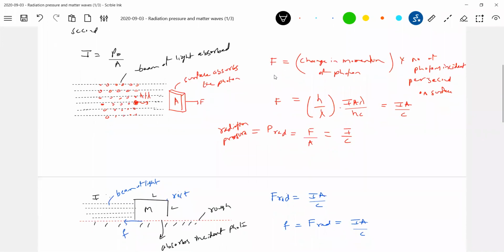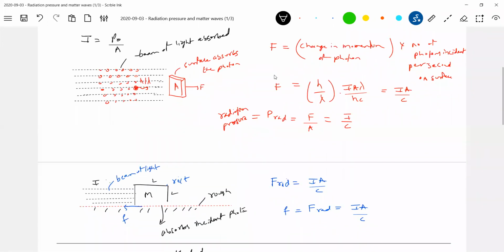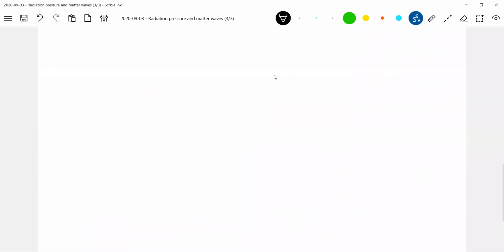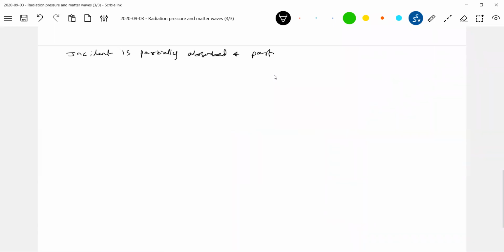So next we'll go for the next condition. It is partially absorbed, partially reflected. Incident light, so this is the surface now.